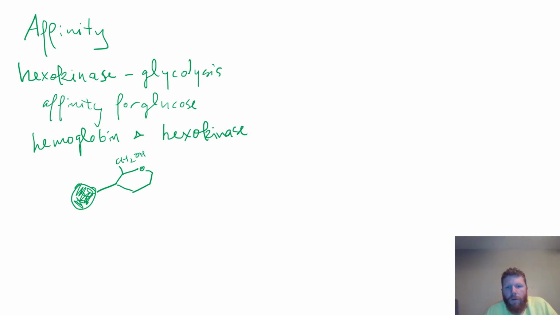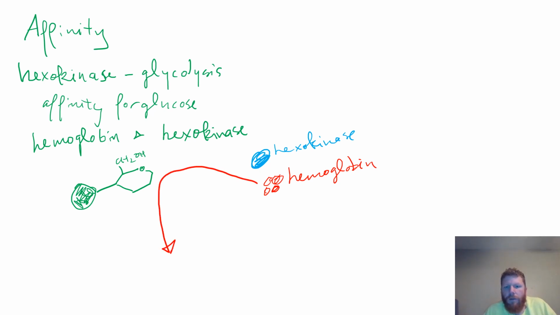So hexokinase, which we'll indicate as a blue protein, and then let's go with hemoglobin as our red protein. Now hemoglobin, when it sees glucose, it will say, oh, how about that? And continue straight past the bead that has been modified to have glucose.